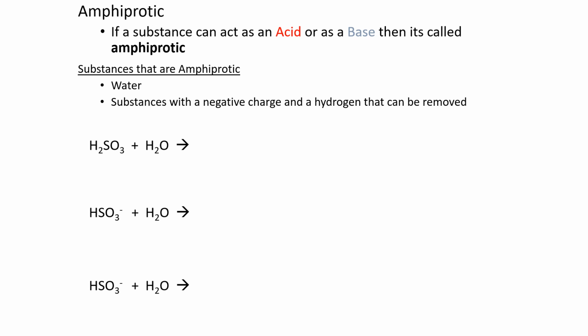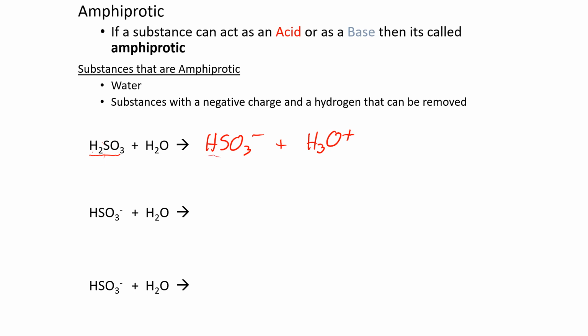So here, this one is going to form HSO3 minus plus H3O plus, like that. Okay. Now, this H2SO3 turned into HSO3 minus.